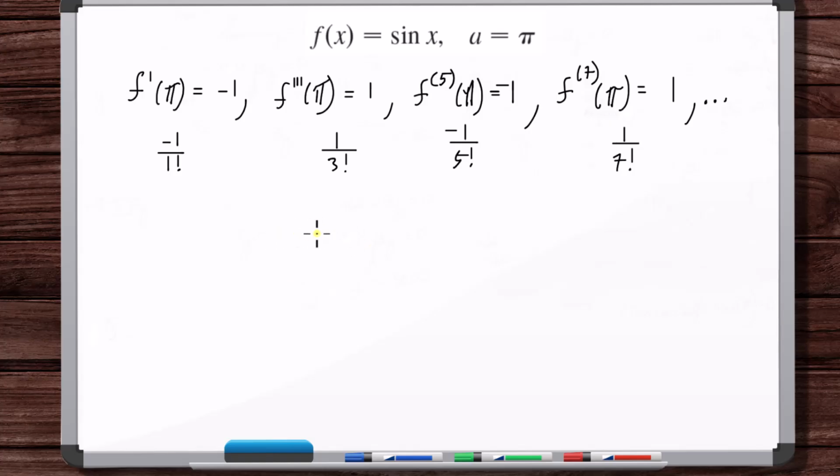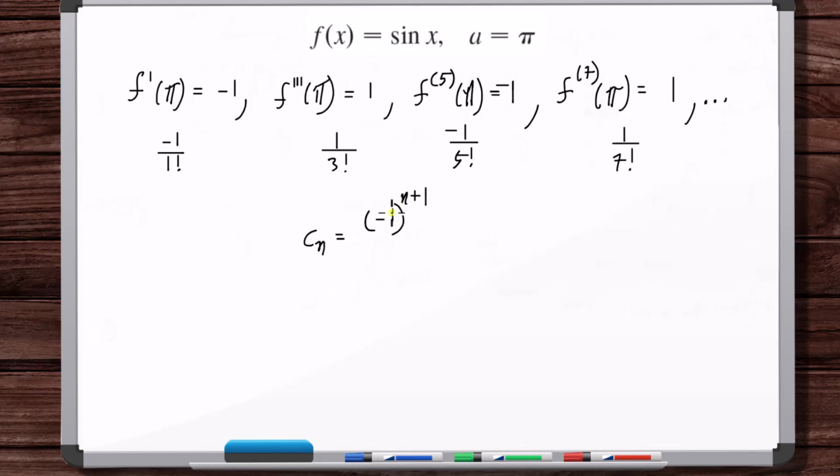So the c sub n is going to be -1 to the, we're starting with a negative, where we start at n equal to 0, so that means we're going to do n plus 1. When n is equal to 0, you get -1 to the 1.